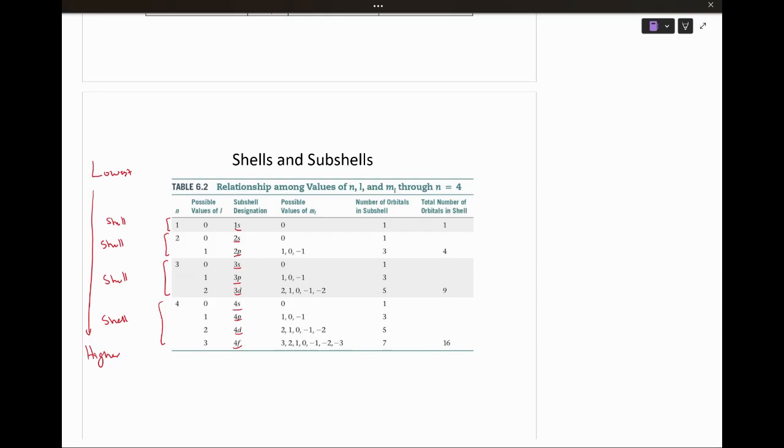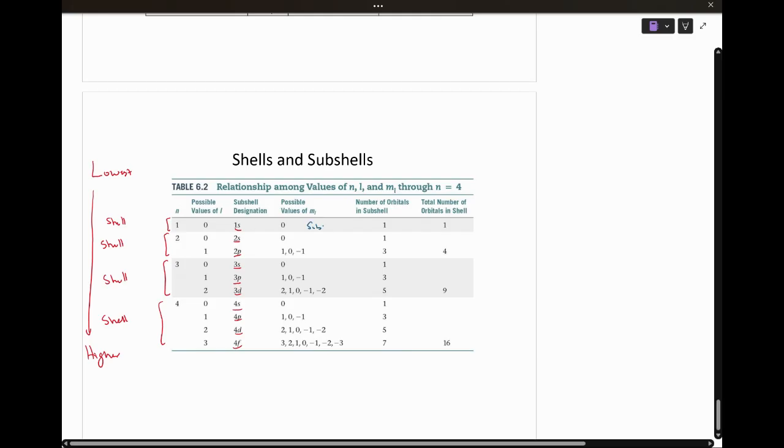Okay. Each of these designations I've underlined, these are your subshells. So this 1s is a subshell. This 2s with its 0, that's a subshell. This is a subshell. And so every line in this table is a subshell. So for 3p, you have the 3 orientations that are all in the same subshell.